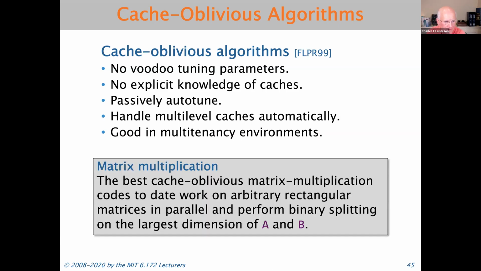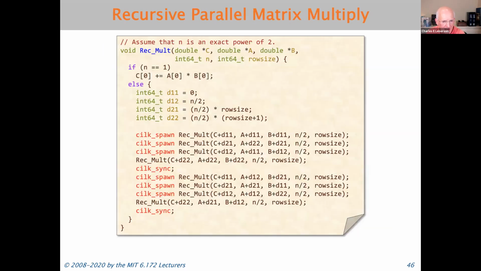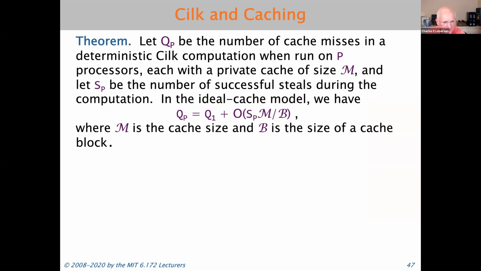So the best matrix multiplication, as I explained, does binary splitting rather than dividing into 4 and doing 8 multiplies. You can apply this to parallel, and this is the Cilk code, which I'm going to let you just read about. It turns out that what this theorem really says is that you can bound the P-processor total number of cache misses by the one-processor number of cache misses.